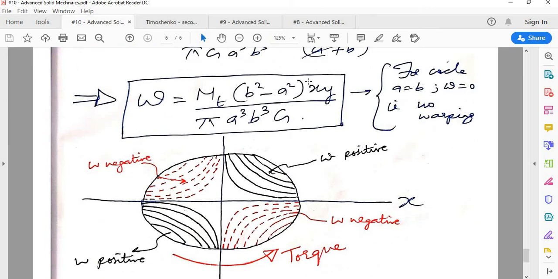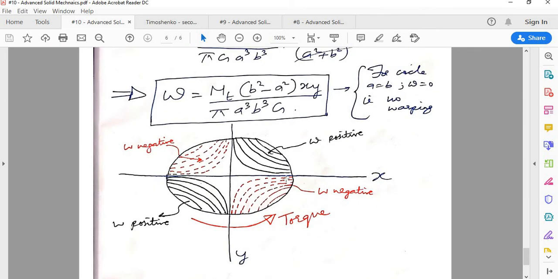Whether the warping is leading to displacement along the positive z axis or negative z axis depends on x and y. So remember, this is our positive x direction, this is our positive y direction.